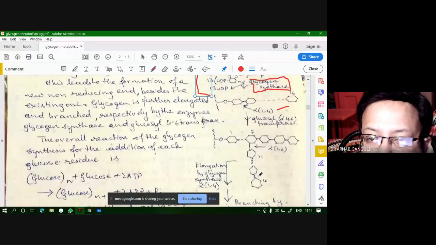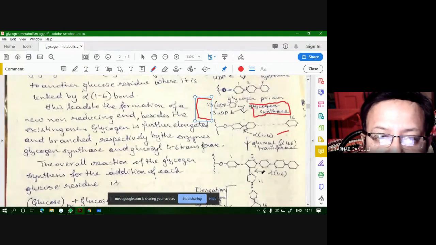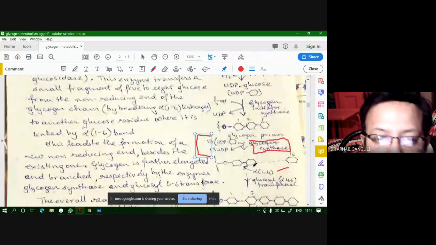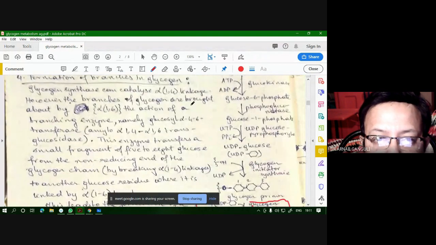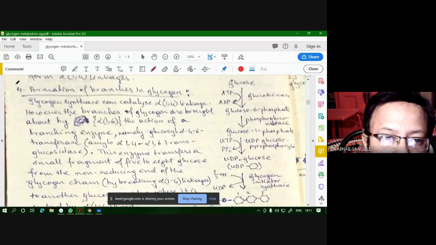Now, branch points need to be created. Formation of branches.